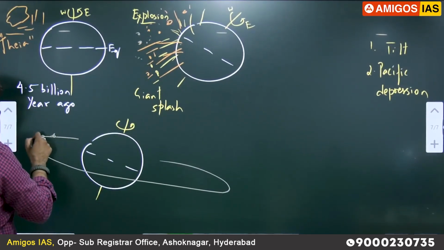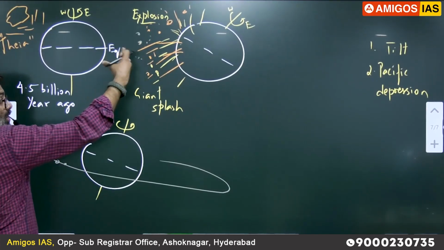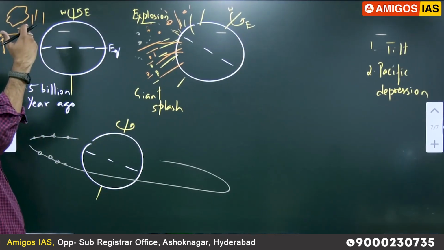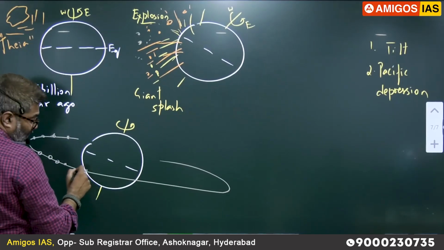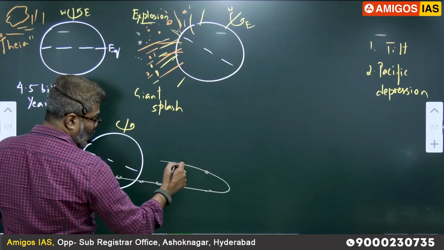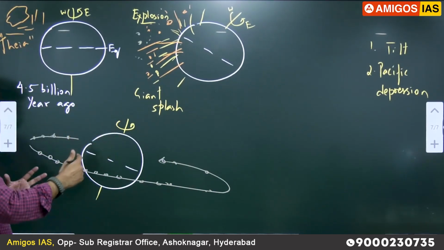They encircled the earth here, all the pieces of rocks. Why? Because earth has gravity. What if earth's gravity was not there? All of them would have gone off into space. Now all these are orbiting the earth like this, like an orbit.